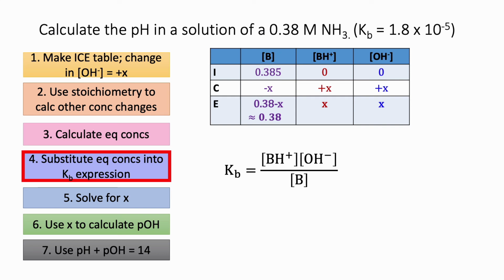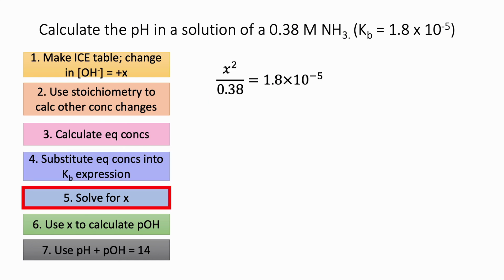So our Kb is BH plus times OH minus over B. We plug in x for our BH plus and OH minus, 0.38 for B concentration, and then remember that that is equal to 1.8 times 10 to the minus fifth. So now that we have that equation, we can solve for x.